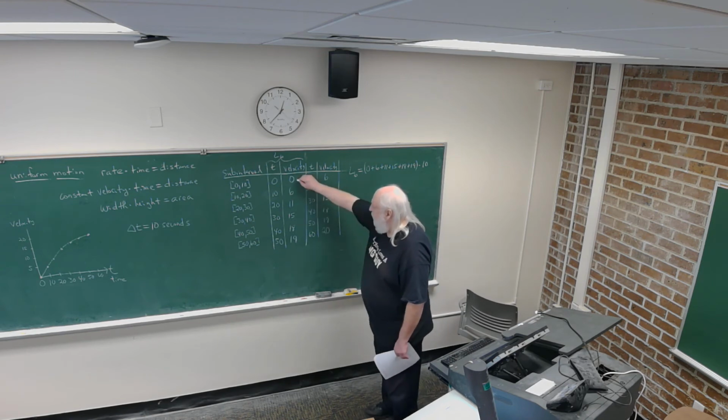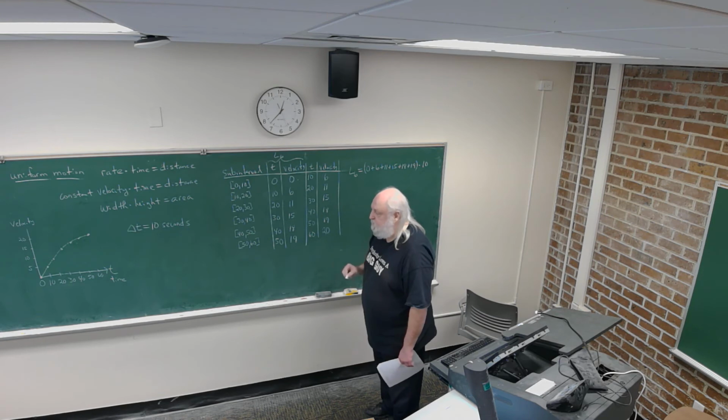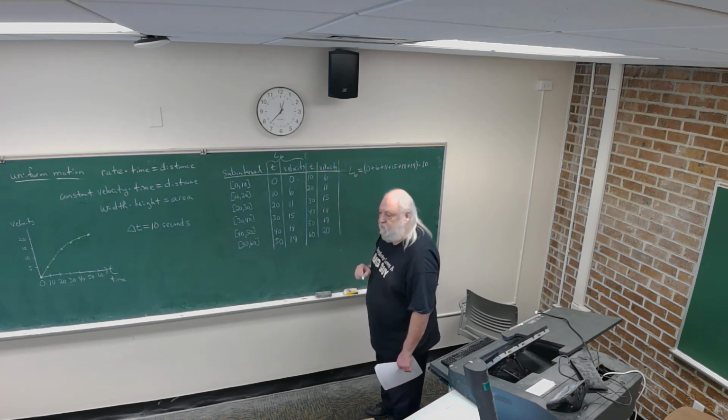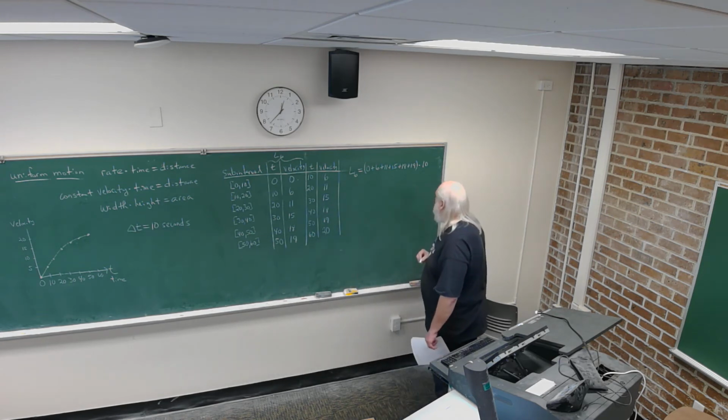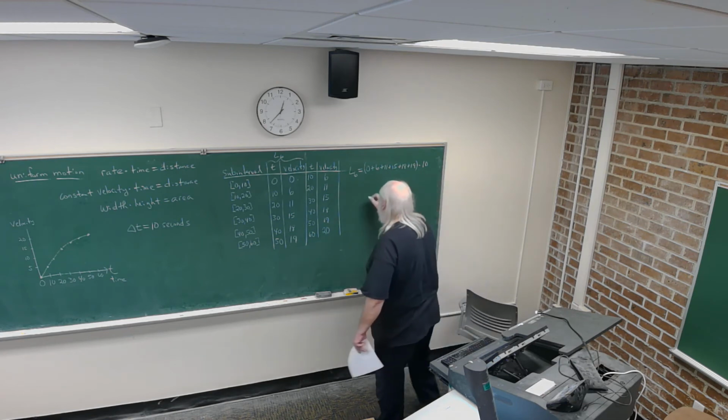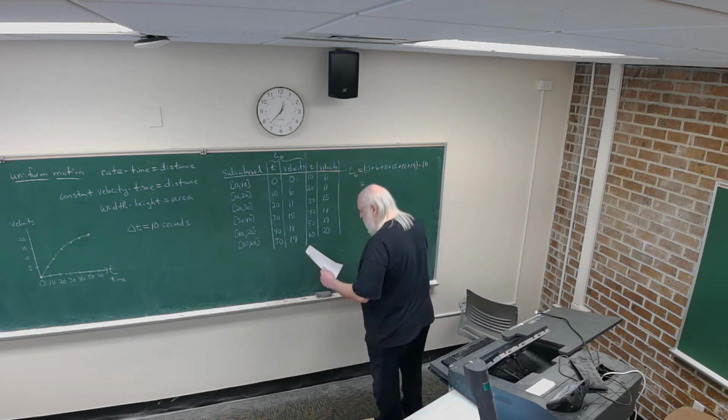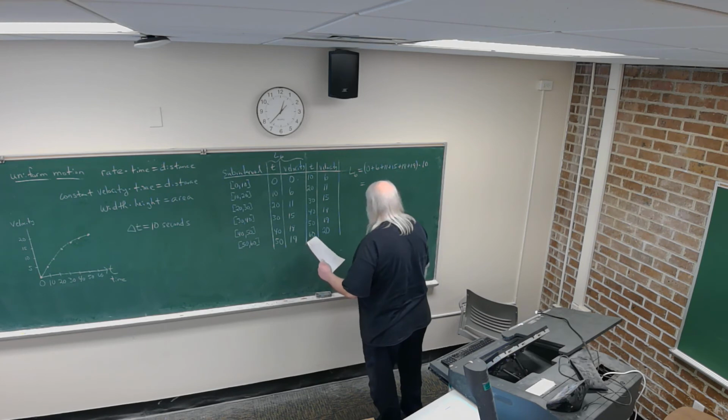Each of these velocities times delta t is an estimate of the distance the runner ran in that time interval. And when you add up all the velocities and then multiply them by 10, I get 690 feet.